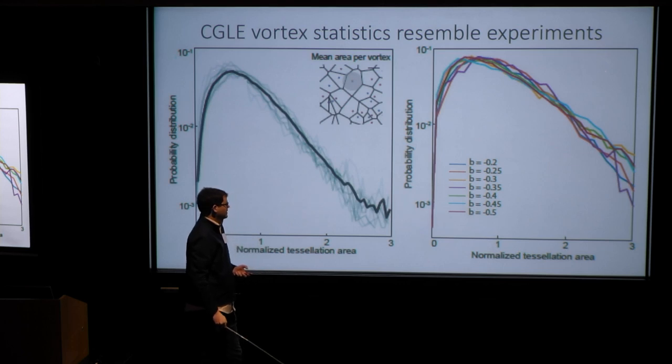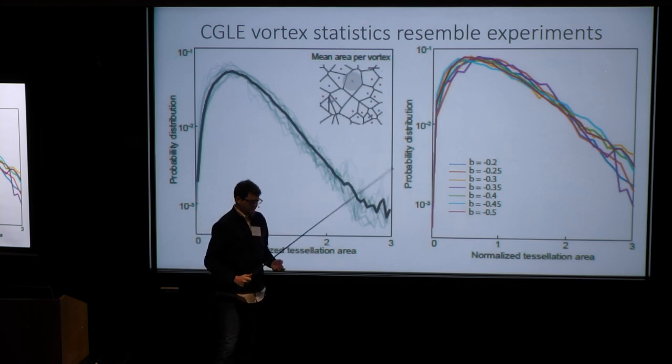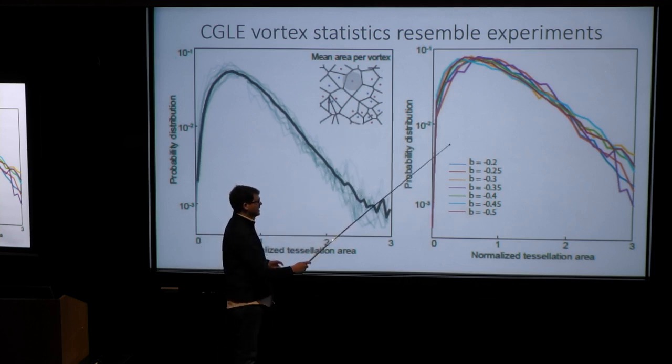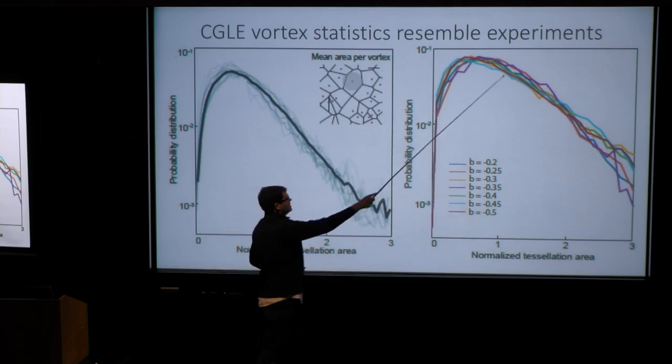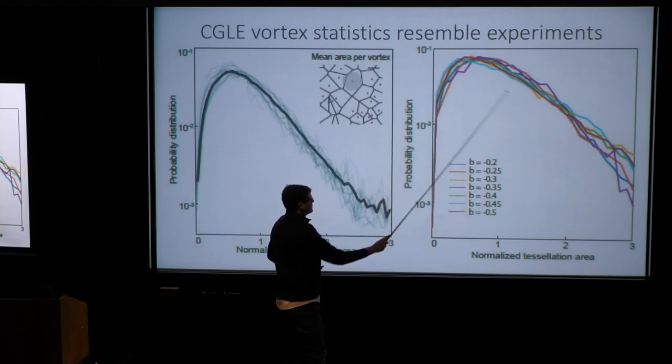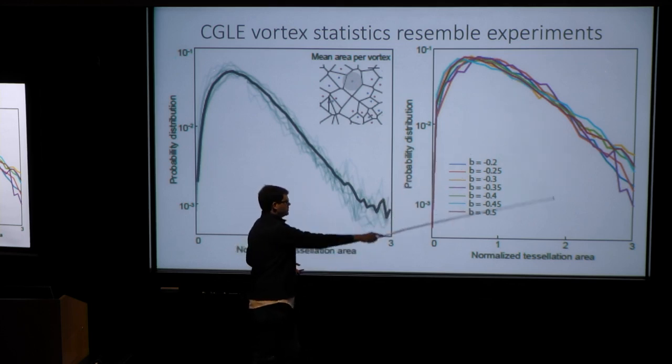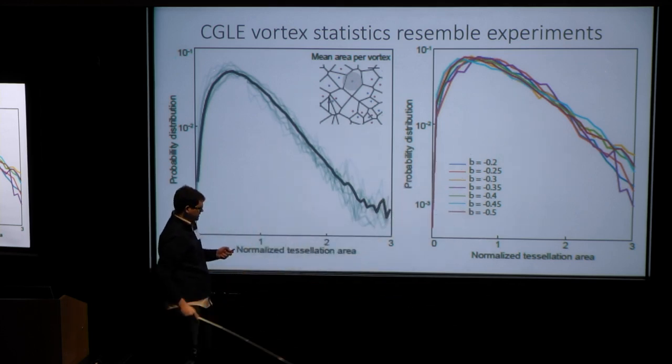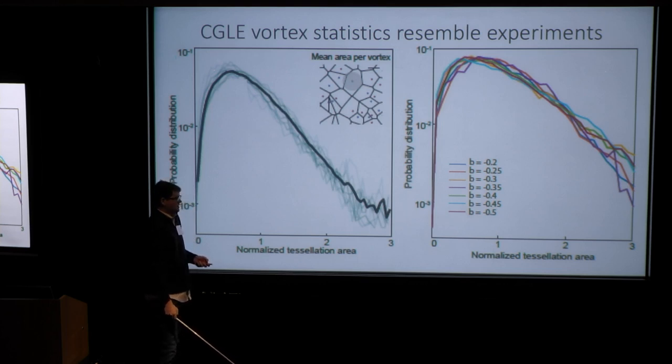I should mention that as before, and differently from Lucas' talk, we've collapsed this data by dividing everything by the mean area. So that's why the exact scaling is the same for all curves in both cases. But in all other respects, this is very consistent with what we were seeing also in the active nematics.